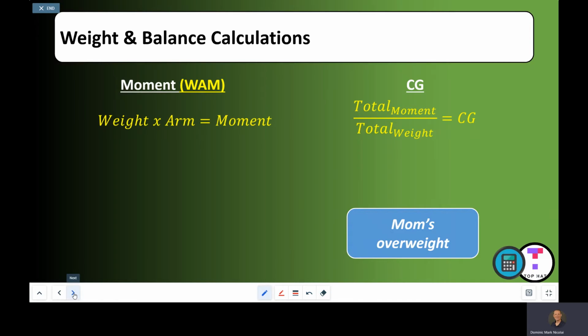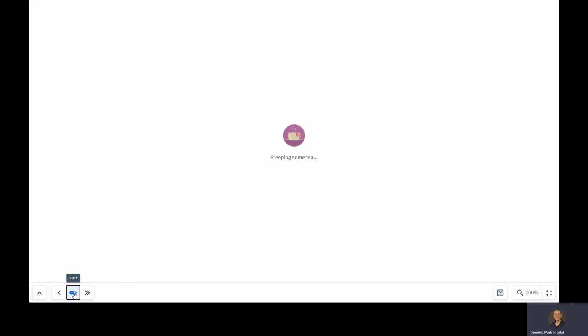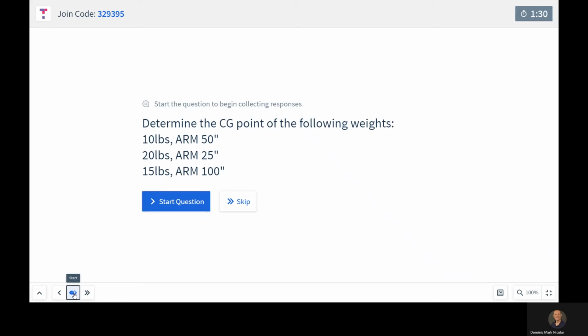Okay. Try a top hat question here for you. Determine the center of gravity point of the following weights.